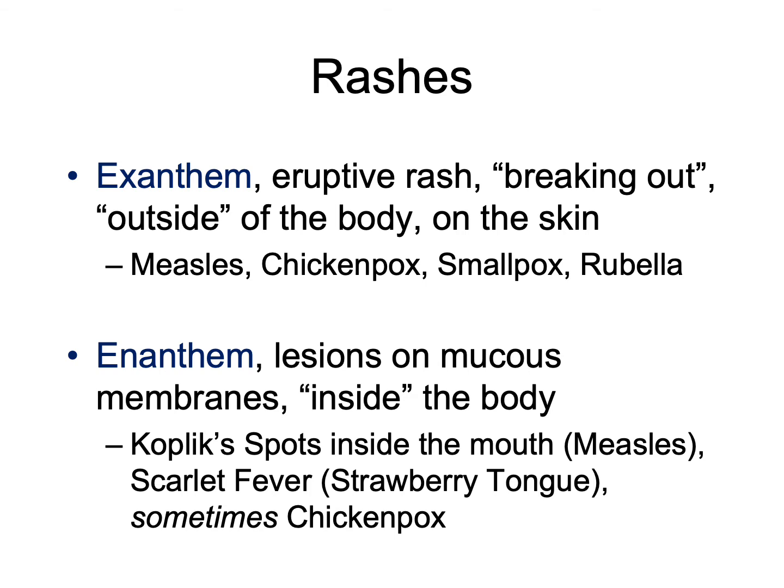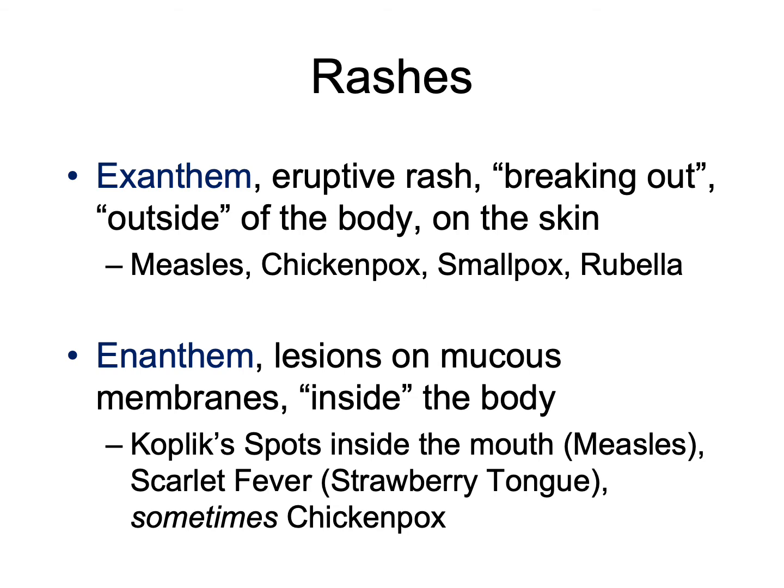Enanthem rashes are when the lesions from the rashes occur on the mucous membranes. They are much more serious because they have entered into the body. Koplik spots can be seen inside the mouth from measles. There's going to be an image of that coming up.